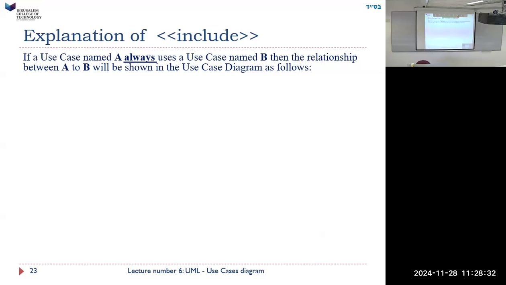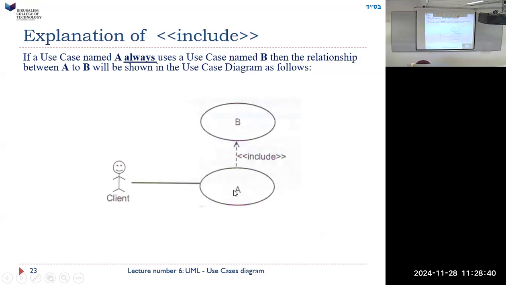So now here I just explained what I already said. If a use case named A always uses B, then the relationship between A and B is like this. A includes B. The direction doesn't matter. It could be that B is beneath. In the other picture, B was beneath. It doesn't really matter.